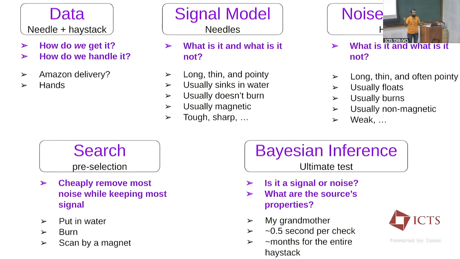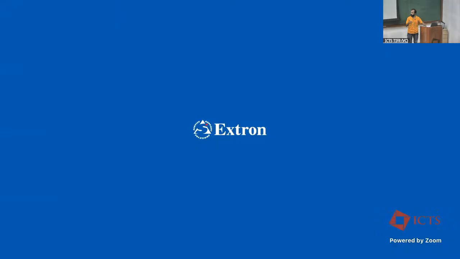Or you could scan it by a magnet. Now, it depends on what kind of signals you are looking for, what pre-selection you use. For example, a wooden needle will probably not show up in any of these, and it would be really challenging to cook up some initial search algorithm which will remove most of the noise.